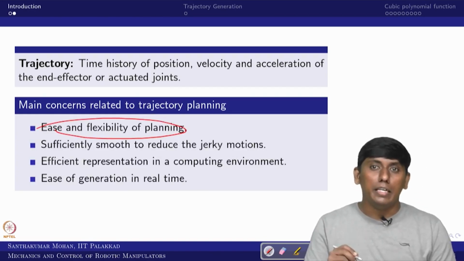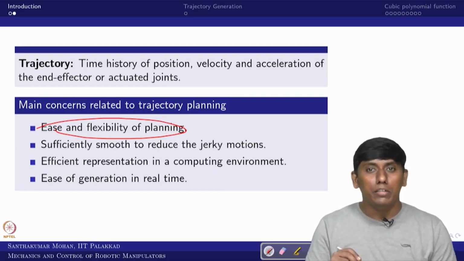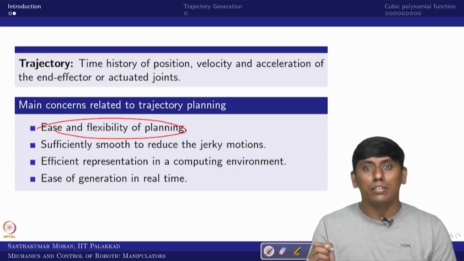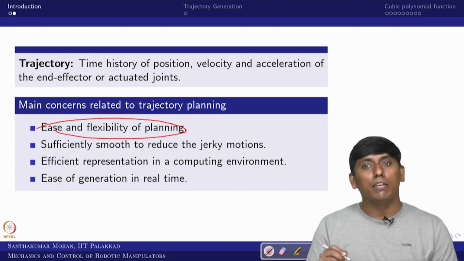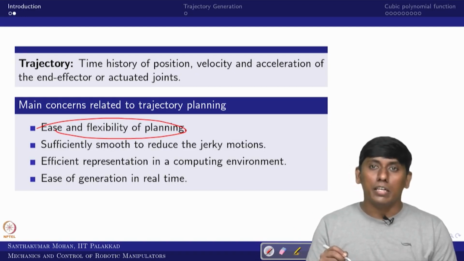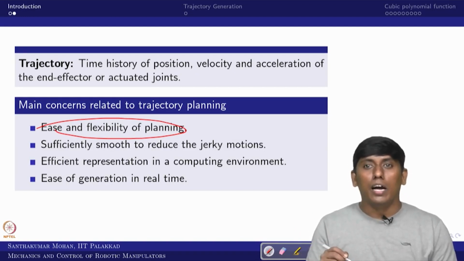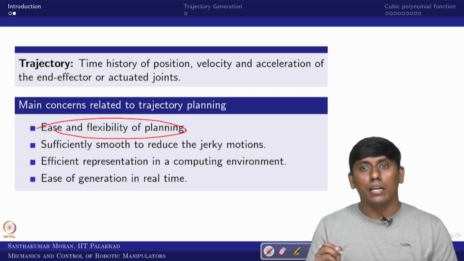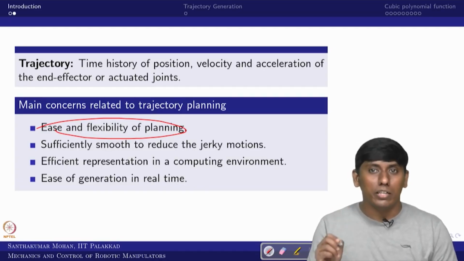When you generate any trajectory, the trajectory should be very smooth, in such a way that the robot manipulator or even a robotic system avoids jerk. For example, you take a car and you start and release the clutch arbitrarily. What happens? There would be a small jerk, right?